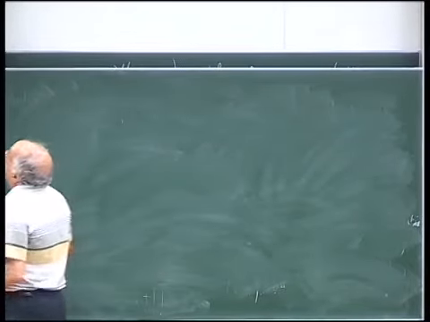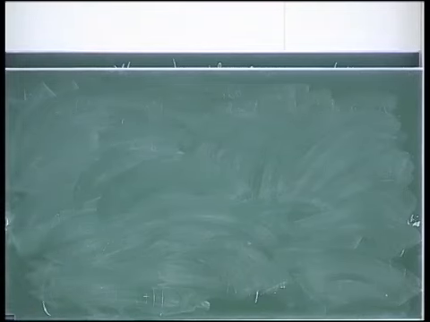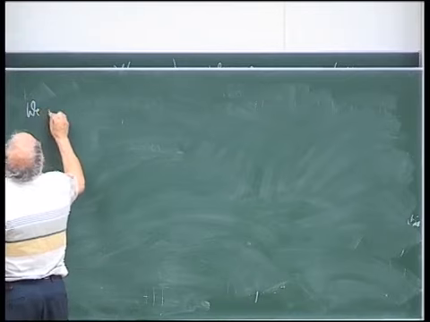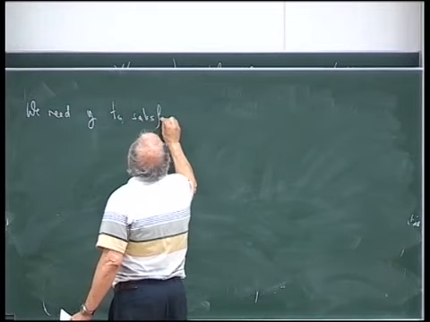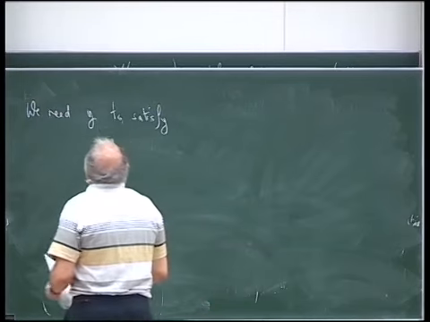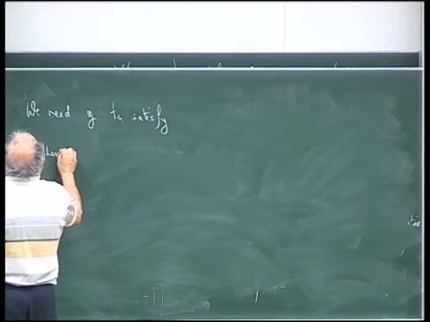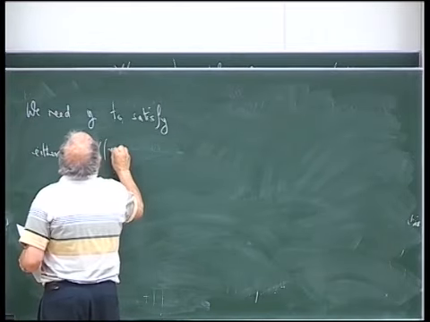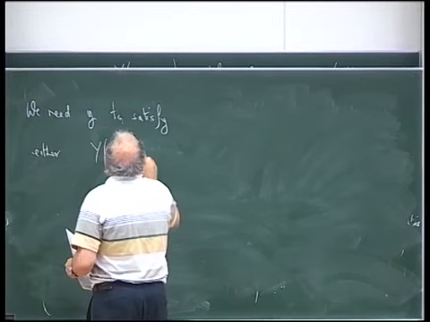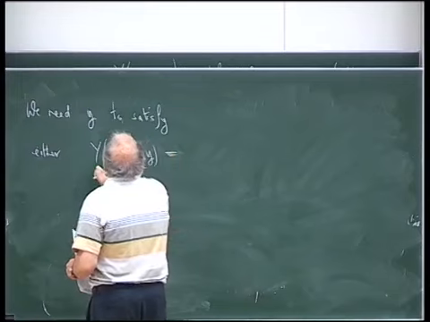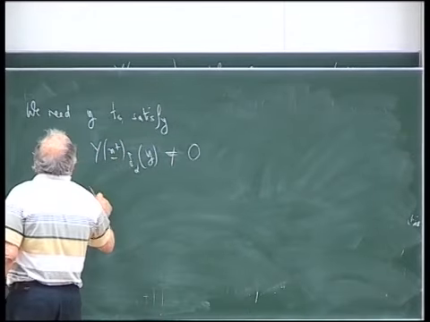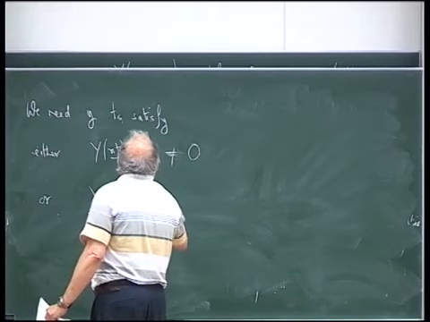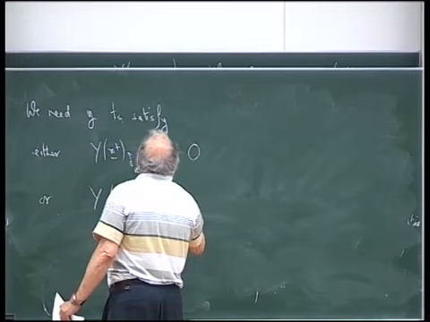If I call this thing delta alpha, then we need y to satisfy, this is what I said before, but just let me remind you, either y of n plus at weight delta alpha on y, this is one-dimensional, remember, is non-zero, or y of n minus at weight minus delta alpha of y is non-zero.